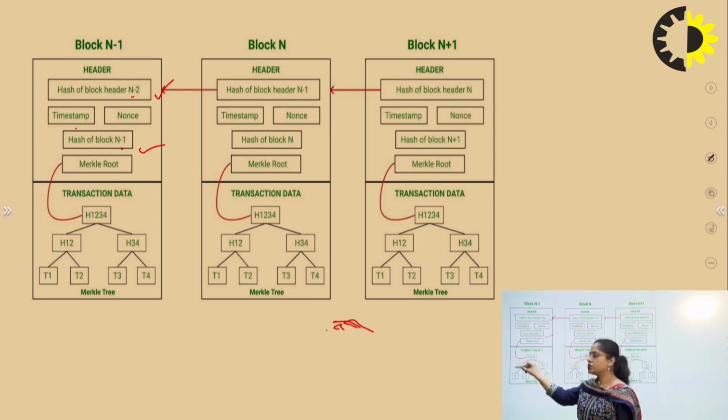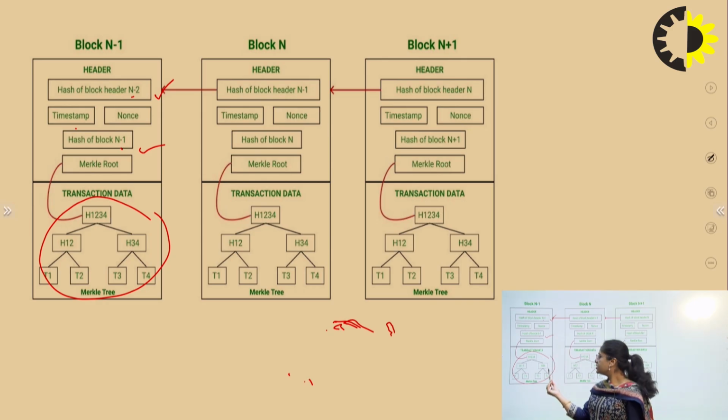The Merkle root is stored in the transaction data. The whole Merkle tree is here. This Merkle tree has all the types of transactions stored in it. The Merkle tree combines its leaf nodes up to the root node. Okay, these are the leaf nodes and this is the root node.